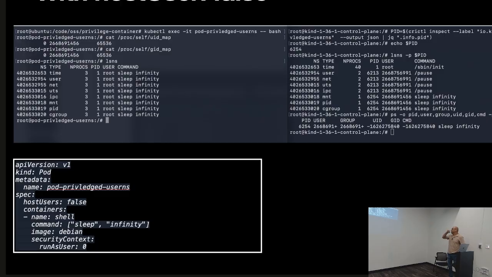As you can see on the right side, it is your process running on the host node with a different PID, but also a different user. That's how these user namespaces are isolated, and you get complete isolation between the process running as root inside the container versus the process running on the host operating system.